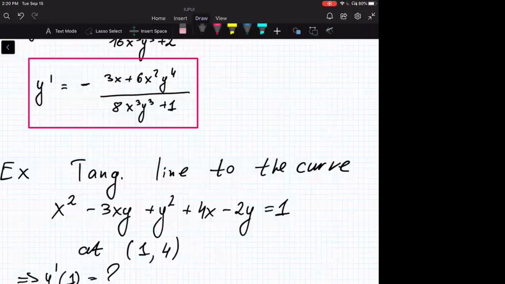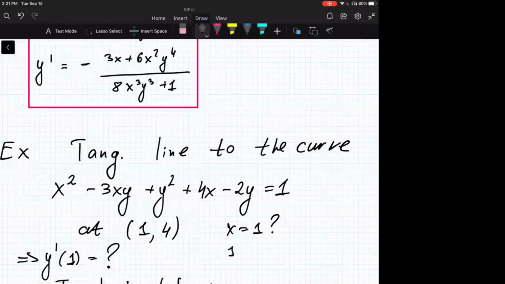x equals 1 in this example, you'll get a quadratic equation for y that you need to solve, and it's a lot of work, right? So if you just know that you are looking for the tangent line at point x equals 1, then you'll get 1 minus 3y plus y squared plus 4 minus 2y is equal to 1.